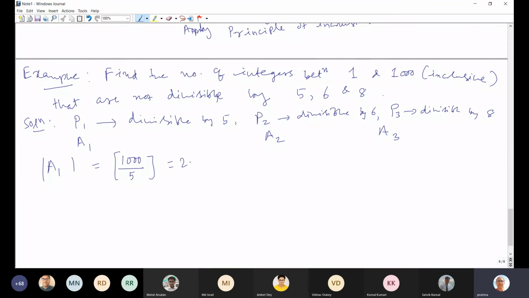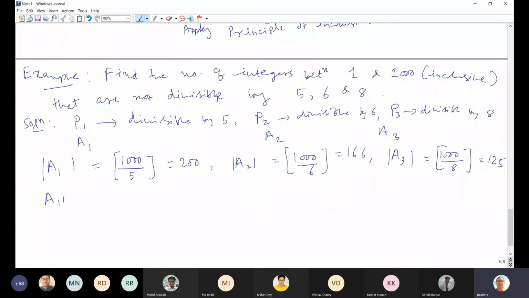Similarly, the cardinality of A2 is the greatest integer of 1000 divided by 6, which is 166. It is already time, so let me quickly finish it up. For A3, the cardinality is the greatest integer of 1000 divided by 8, which is 125.